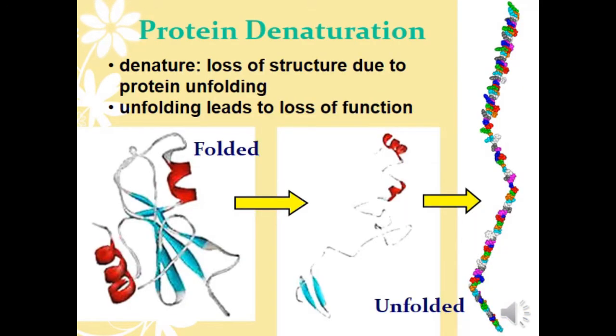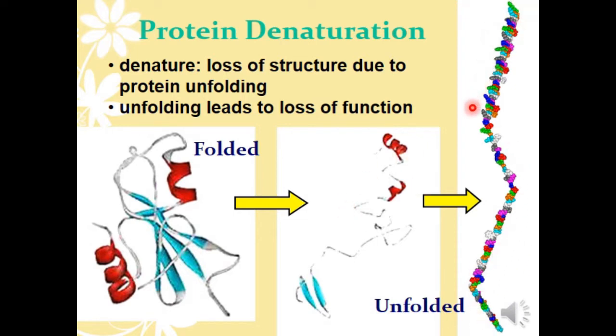This figure shows the protein denaturation from the folded state to the unfolded state. Notice that the backbone remains the same here. From folded it becomes unfolded, tertiary to secondary and then primary.